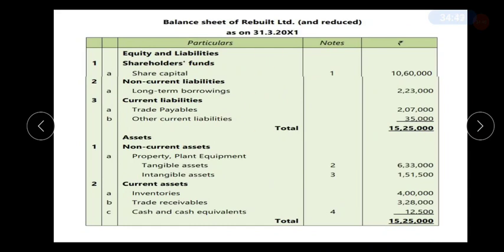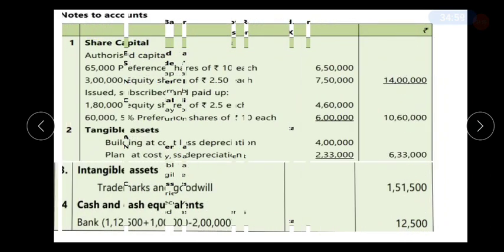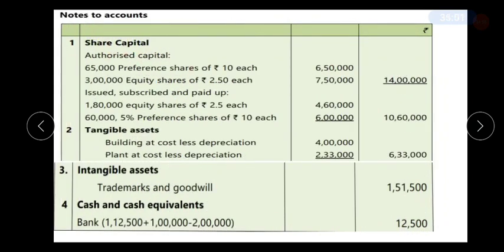It's a vertical balance sheet. You are supposed to prepare only the vertical balance sheet. In this vertical balance sheet, we have notes, and it is the final answer. If you want to see the breakup, you need to go to the notes. First, you better prepare the notes. Normally a note is required for share capital.